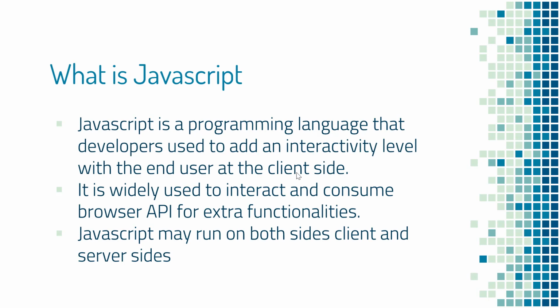But when we are talking about JavaScript for the back end, then that means it's rendered on the server side. But for now, we are talking about JavaScript on the front end side. That means all the rendering process is going to be done at the browser, at the end user.